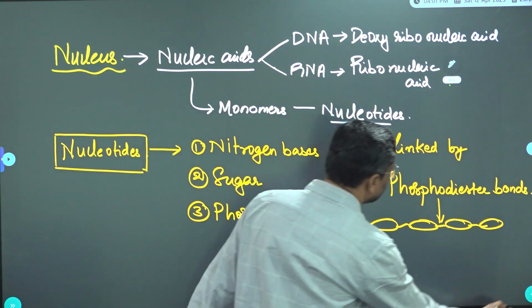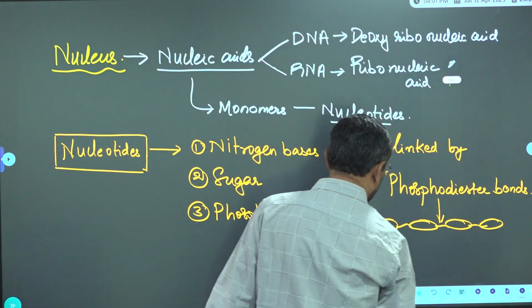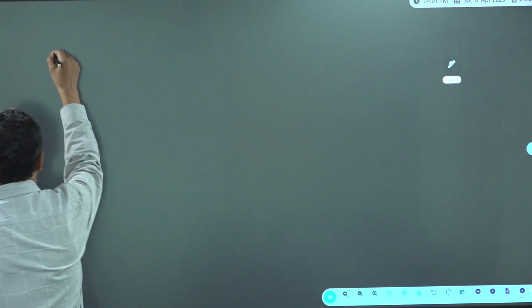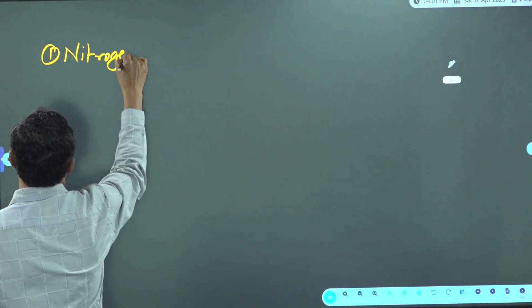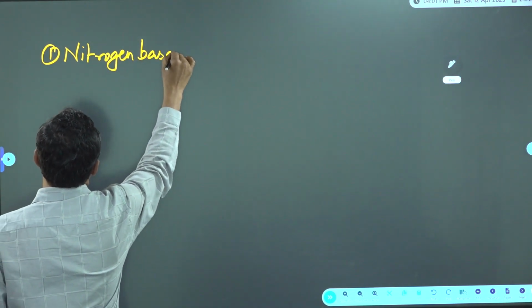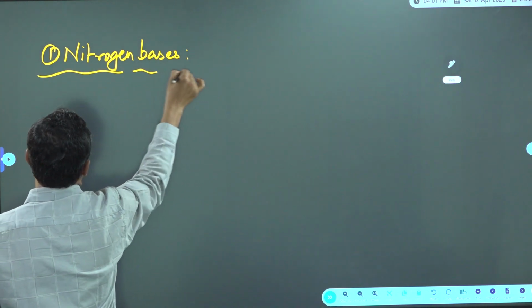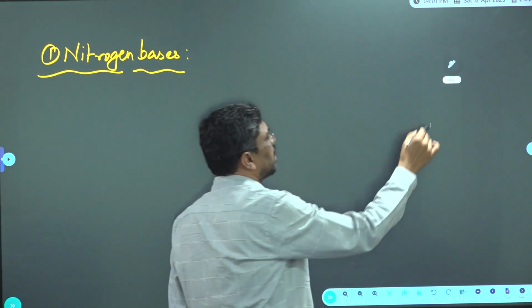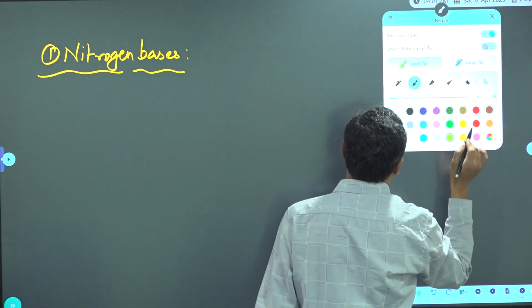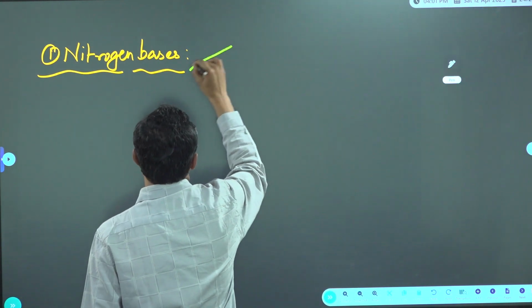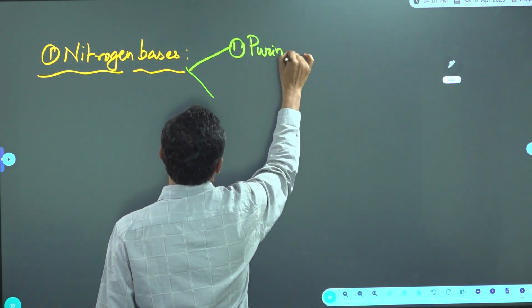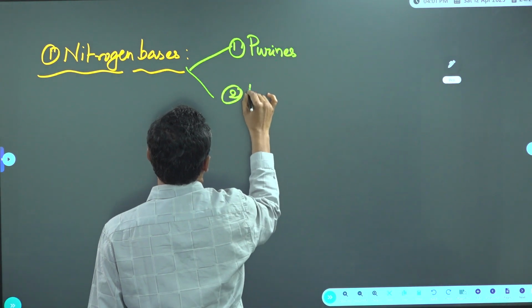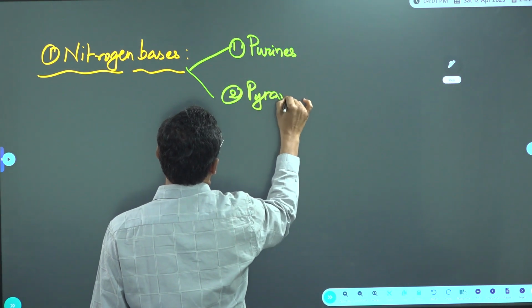Let us see them one by one. Let us see the nitrogen bases. There are two types of nitrogen bases. They are purines and pyrimidines.